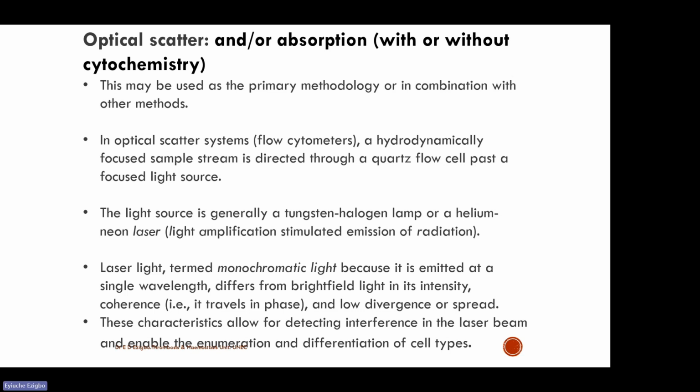It differs from bright field light in its intensity and coherence, that is, it travels in phase, with low divergence or spread. These characteristics allow for detecting interference in the laser beam and enable the enumeration and differentiation of cell types.